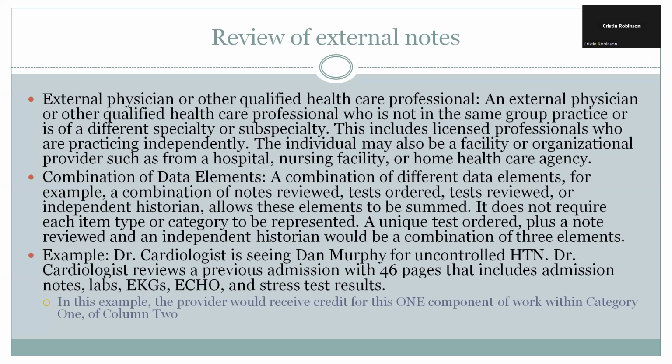For example, the cardiologist is seeing Dan Murphy for uncontrolled hypertension. The cardiologist reviews a previous admission with 46 pages that includes admission notes, labs, EKGs, echo, and stress tests. In this example, the provider would receive credit for this one component of work within category 1 of column 2.